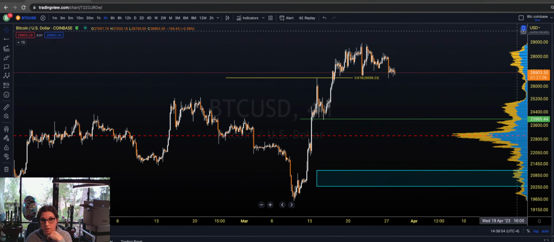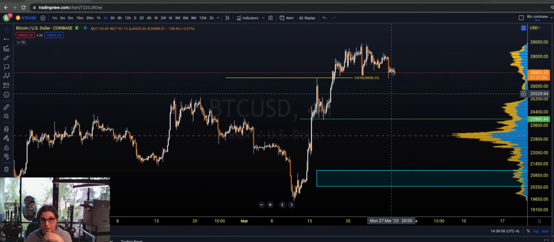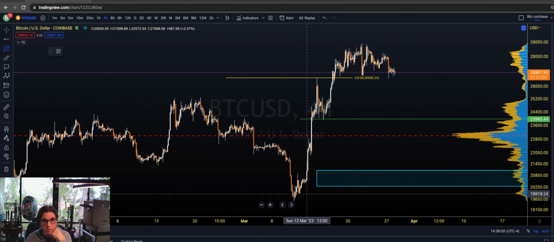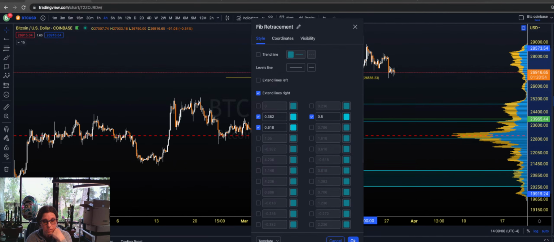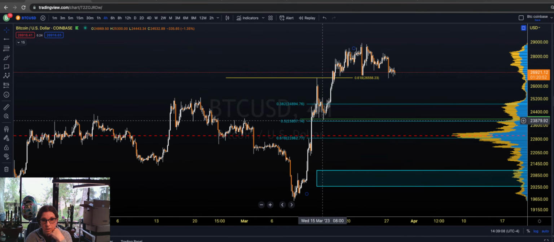So the option here is that this can come deep. It can come all the way down and nick this low of the 4 here.